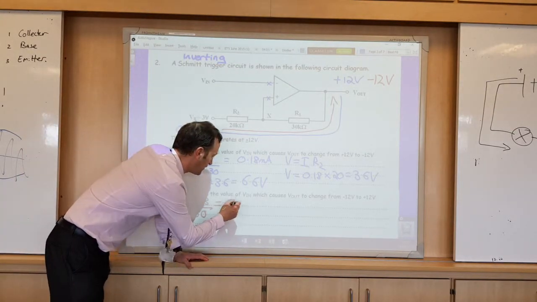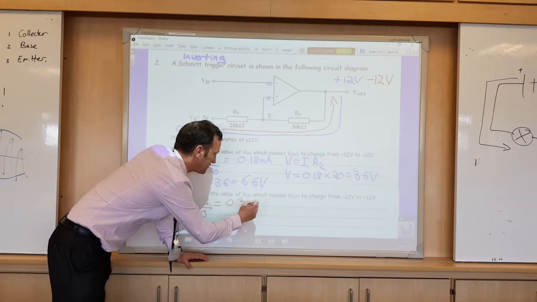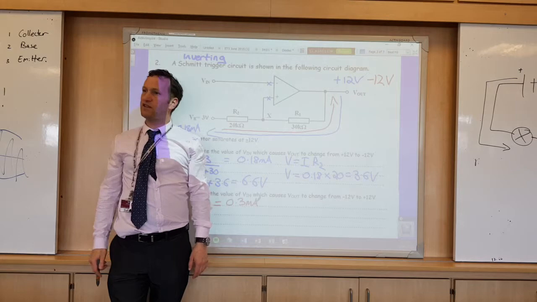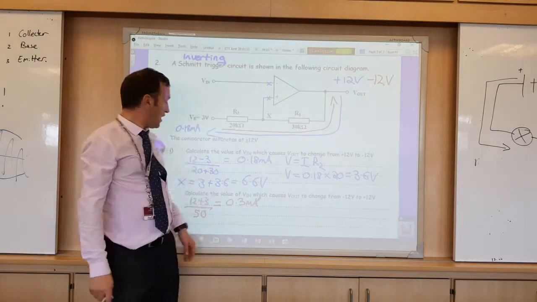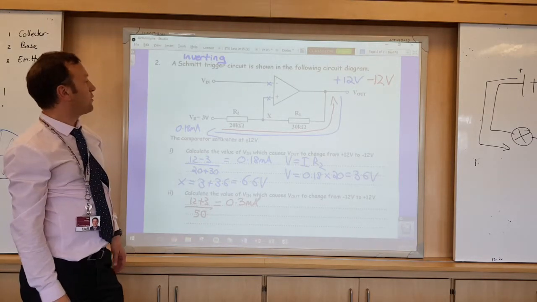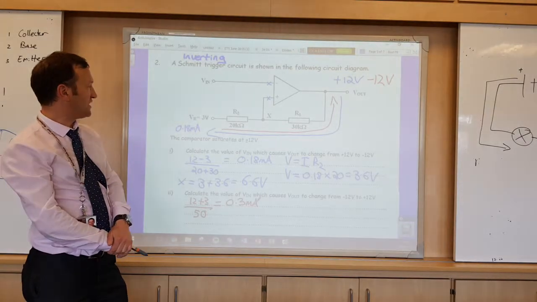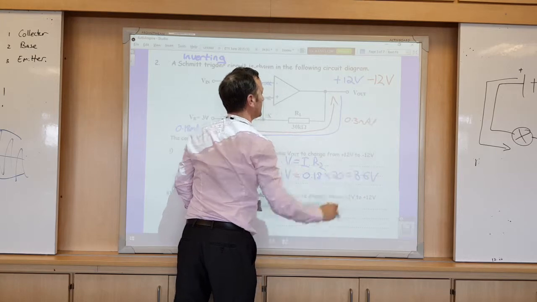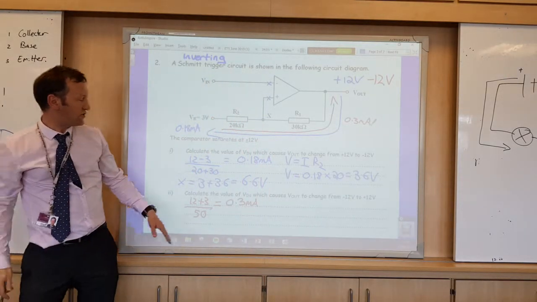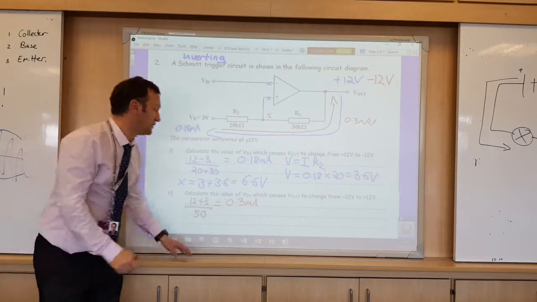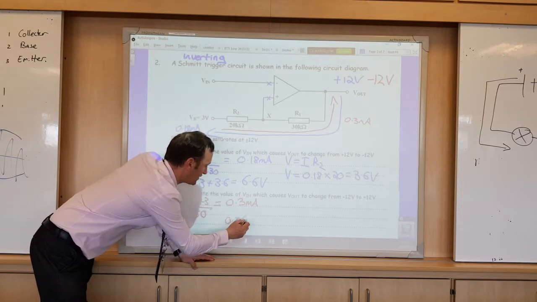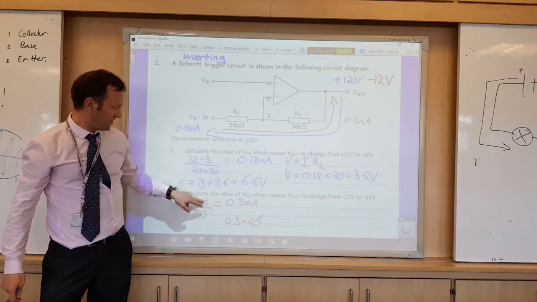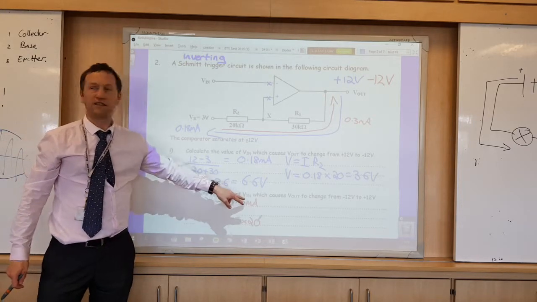So that's 0.3 milliamps. What do we do next? We now know the current is 0.3 going that way. This time we're just going to multiply that by that, so 0.3 times 20. And when you get quick at these, you can just do that in one stage.